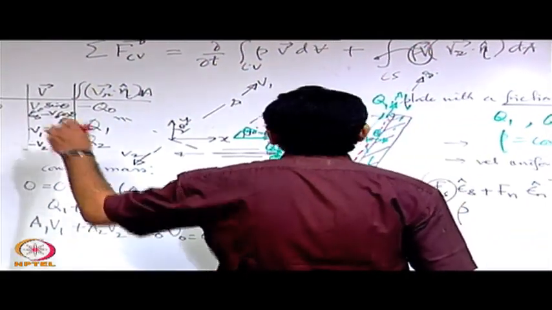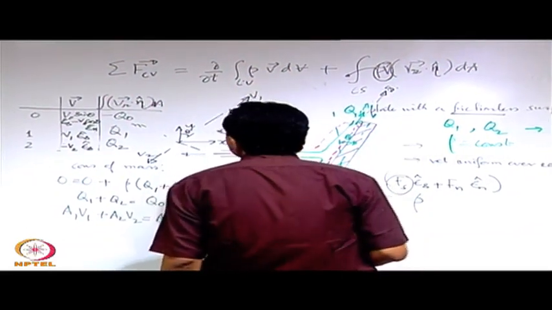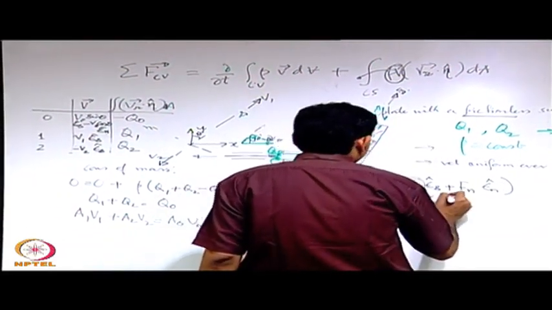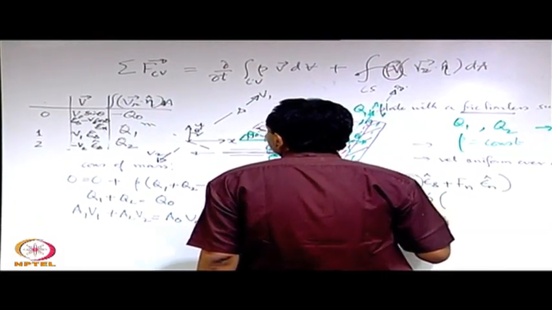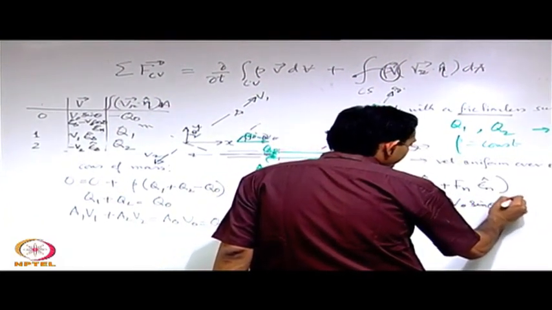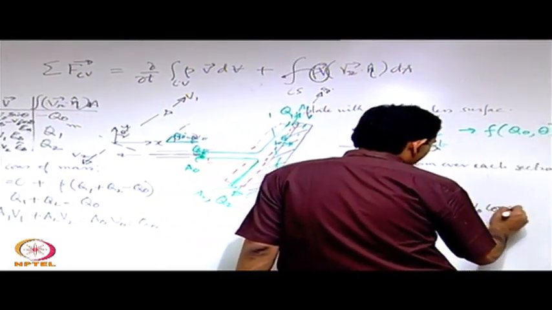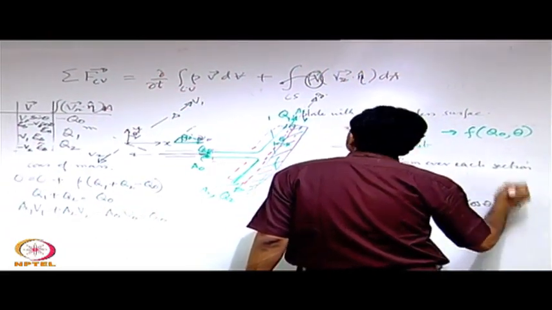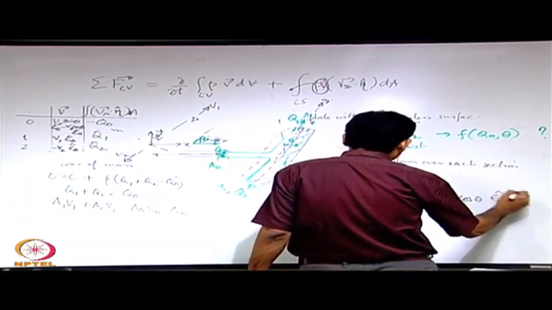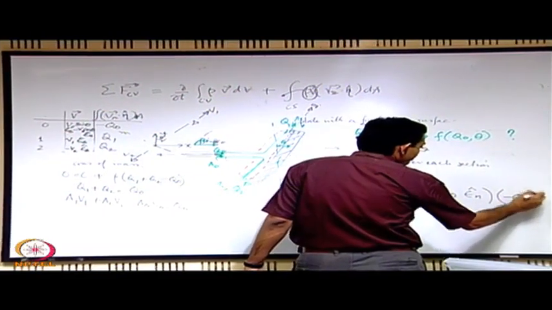If you put that, first we put for the surface 0, rho into V, where V is V0 sin theta epsilon s minus V0 cos theta epsilon n, into minus q0.